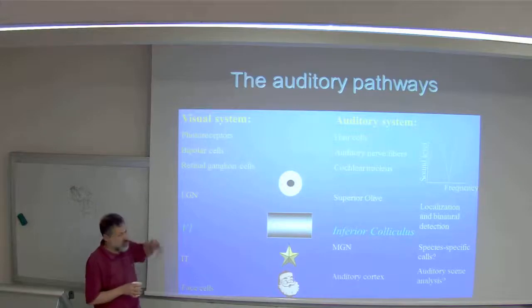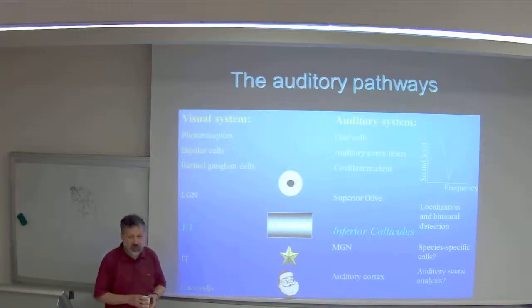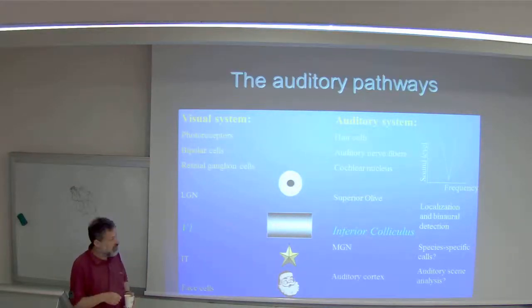So the cochlear nucleus, we talked about one cell type when we discussed binaural hearing, but the cochlear nucleus is at the same functional position as the retinal ganglion cells in the visual system.